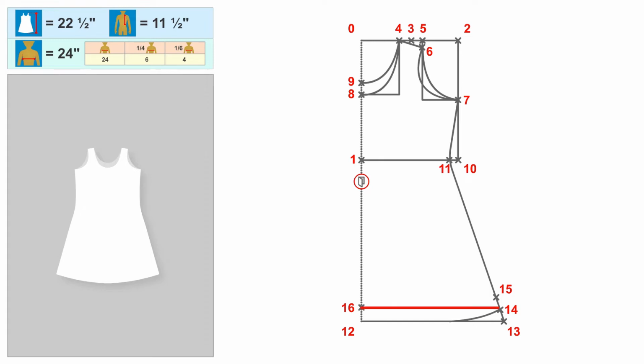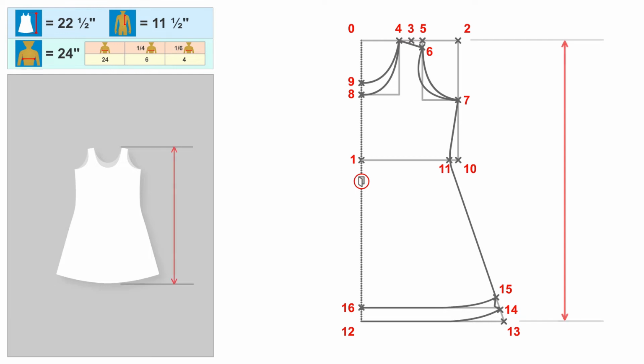And again from the straight line, starting from point 16 midway, shape in a soft curve to point 15. Mark midpoints between points 15 and 14 and shape 1/8 inch inwards. Thus, we have constructed the pattern for an A-cut petticoat.